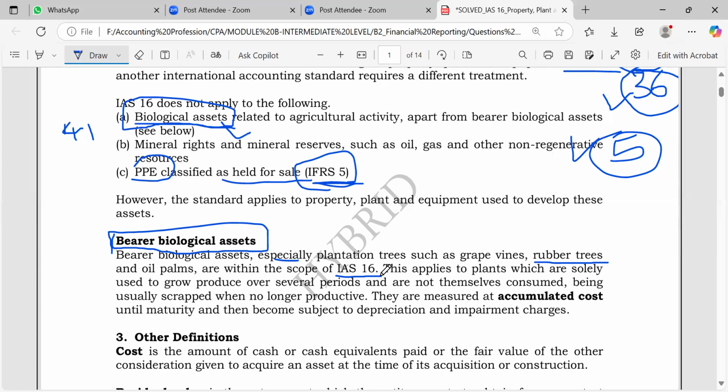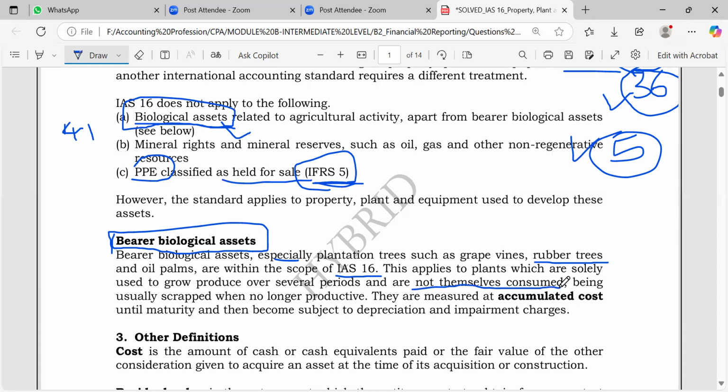So that's why I say if there are biological assets, you would apply PPE as usual, IAS 16, and get their cost. That's why they say this applies to plants which are solely used to grow produce over several periods and are not themselves consumed. You got my point. I just need you to know this, but actually, it's not like you're going to meet this, but it's better to know.